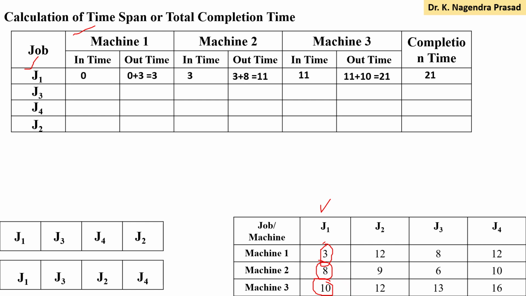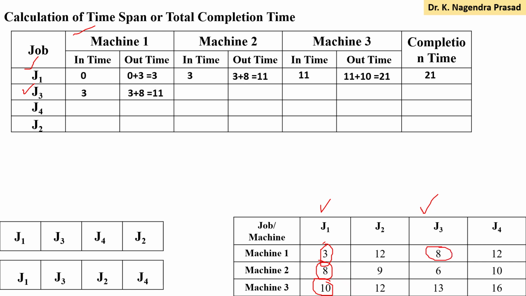Next I look at job J3. Job J3 has to be moved to machine 1, but up to 3 hours machine 1 is busy with job J1. After 3 hours machine 1 is free, so job J3 is engaged after 3 hours. In time for job J3 on machine 1 is 3 and processing time for job J3 on machine 1 is 8.